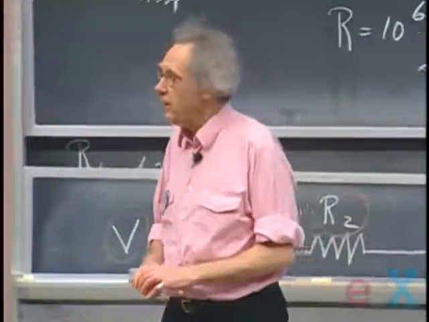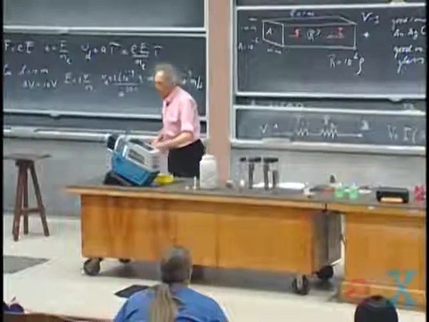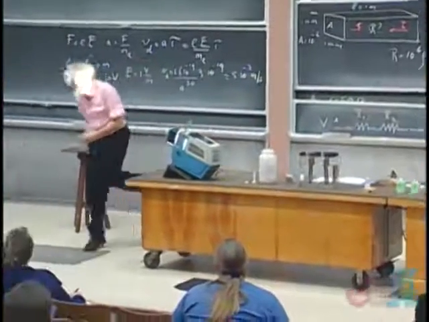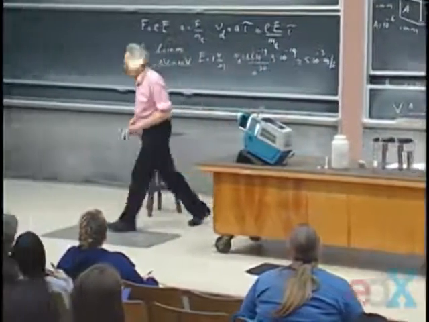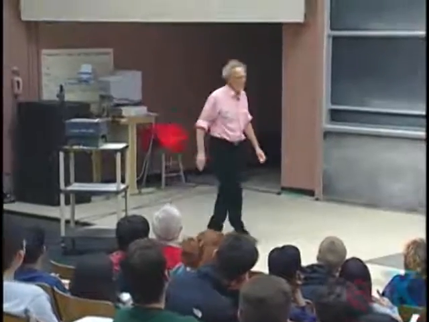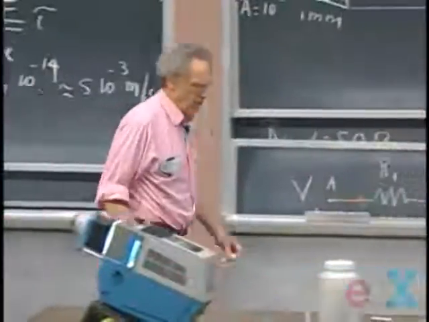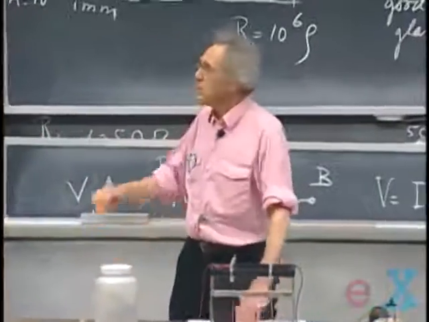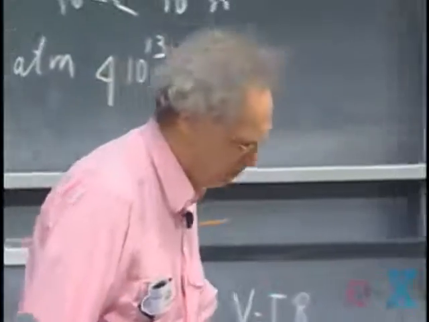And the way I'm going to do that is, I'm going to put charge on the electroscope. No harm done. I'm going to put charge on the electroscope, and you will see that the conductivity of air is so poor that it will stay there for hours.